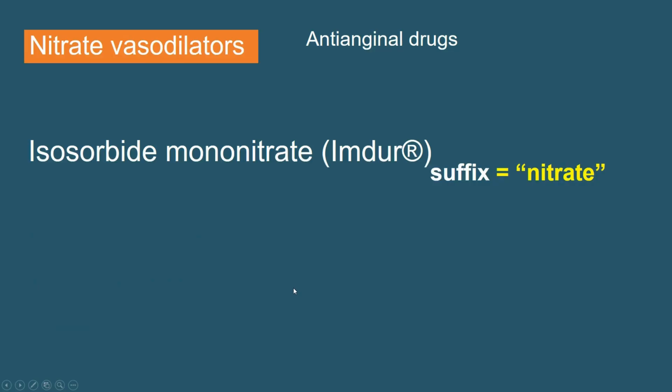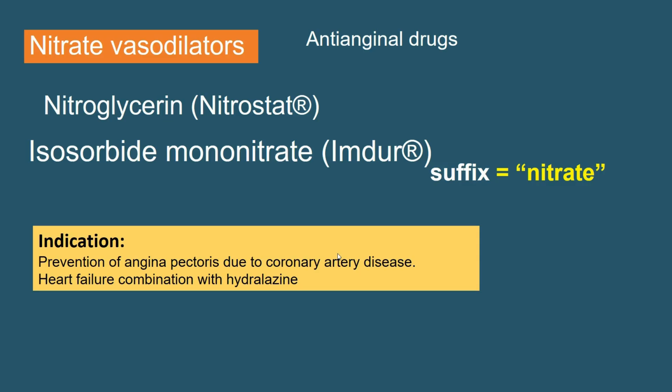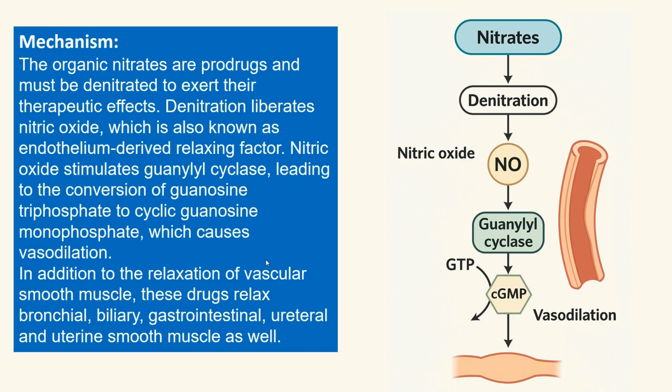So next, the last class of drugs in this cardiovascular drug category: isosorbide mononitrate, brand Imdur, and nitroglycerin, brand Nitrostat, and they have a nitrate suffix. They are primarily used for prevention of angina pectoris due to CAD, or coronary artery disease, and also combined with hydralazine in heart failure patients.